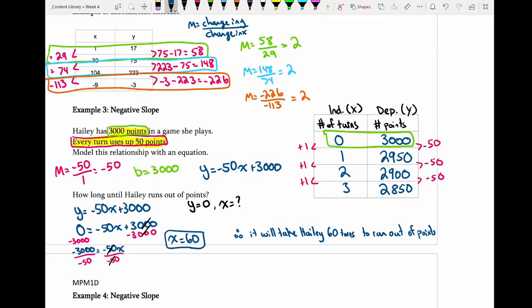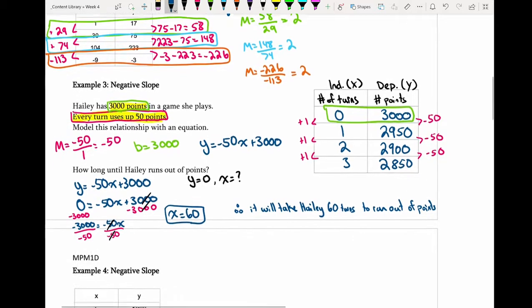You can find out how many points I am going to have at 50 turns, right? So you plug in 50 for x and solve for y. If I want to know how many turns it will take me to get to 1,000 points, we'll plug in 1,000 for y and solve for x. So you can solve for any number of points or any number of turns using that equation.